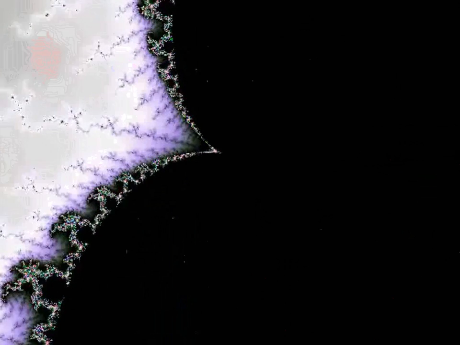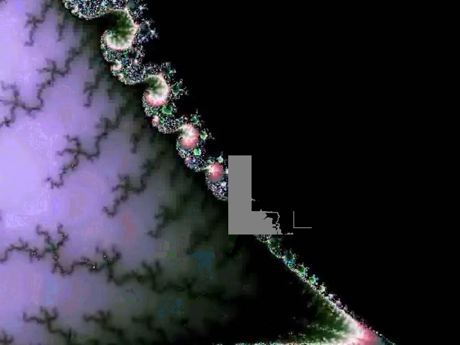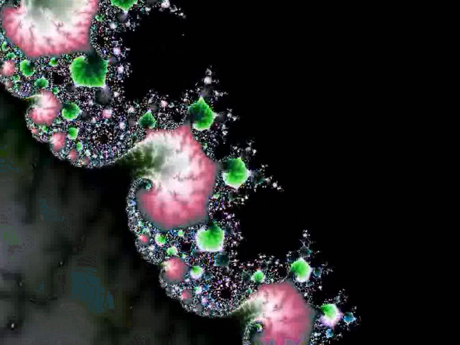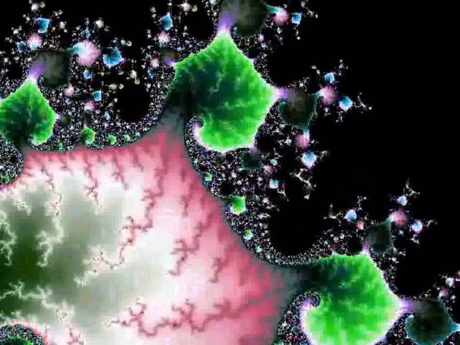The math that goes along with this is called chaos theory. It's only been around since computers have been around, because this would take years and years to graph by hand.